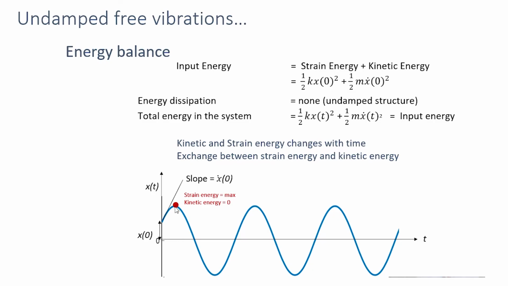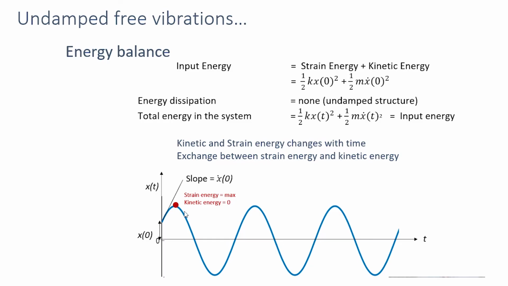So at that time, what is happening to the kinetic energy? From this figure, we can easily understand that at this location, the slope will be 0. It will be flat. This tangent will be horizontal. So the velocity is 0. That means at this point, kinetic energy is 0.